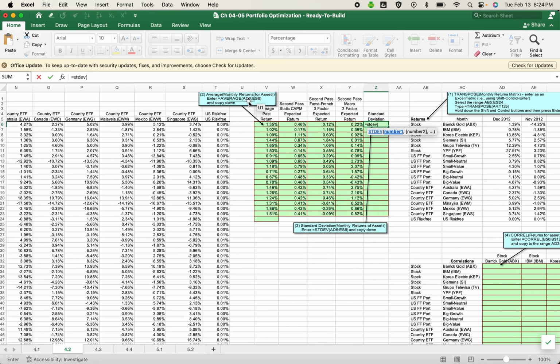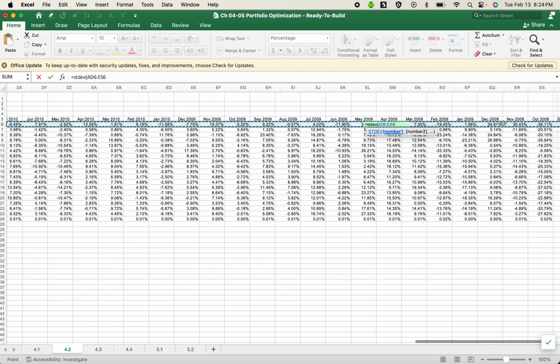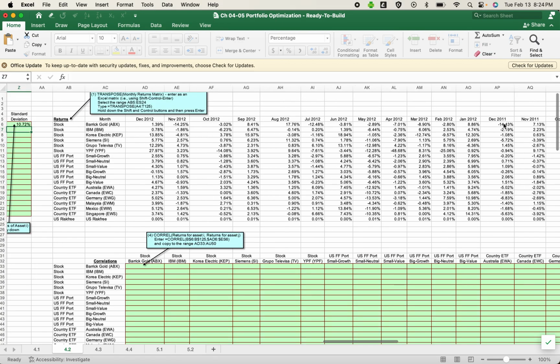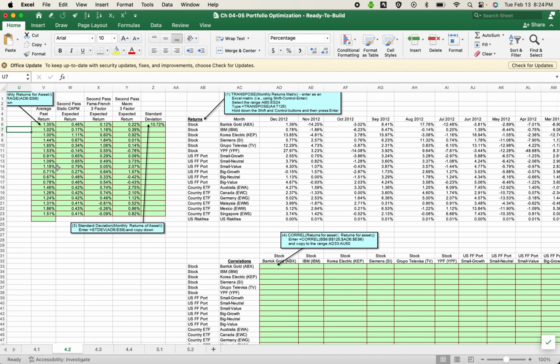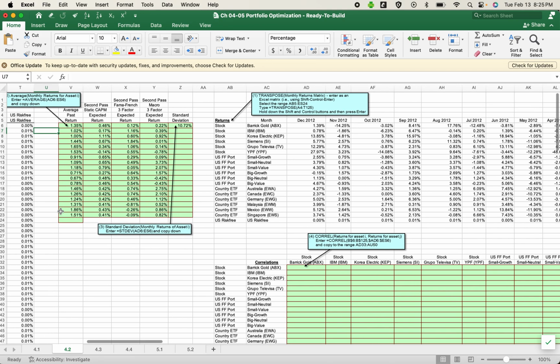Well, what do you know? It's just the standard deviation of the same asset. Those are our first 2 descriptive statistics that describe that data: the expected return, which is the mean of observations based on the past data, and the standard deviation of these returns. How much did they vary over time?